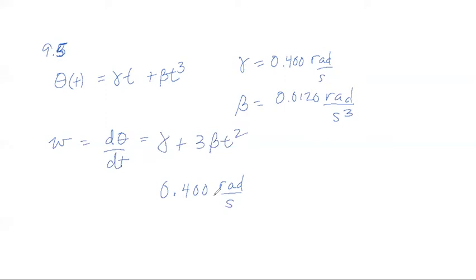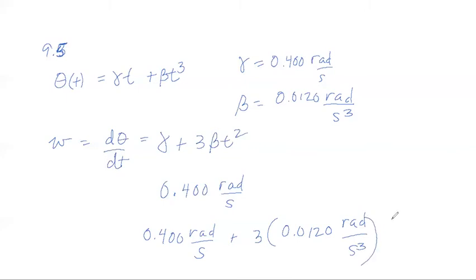C is calculate the instantaneous value of the angular velocity at t equals 5 seconds and the average angular velocity for the time interval t equals 0 to t equals 5. All right. For my instantaneous angular velocity, I just have to plug in 5 seconds here. So I'm going to get 0.400 radians per second plus 3 times 0.0120 radians per second cubed times 5 seconds quantity squared.